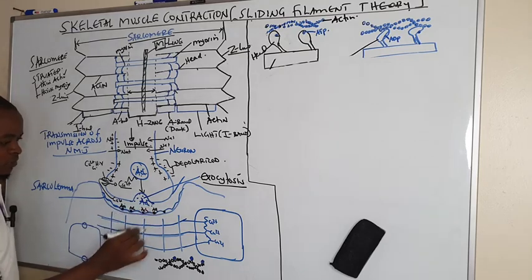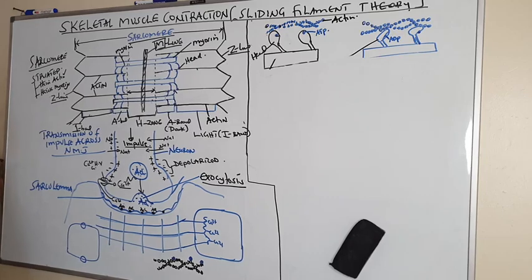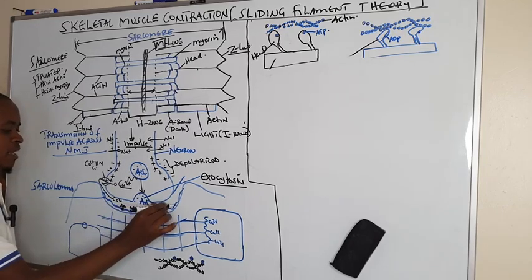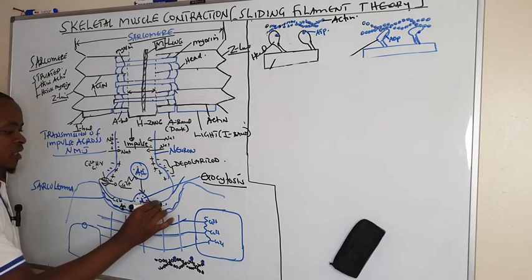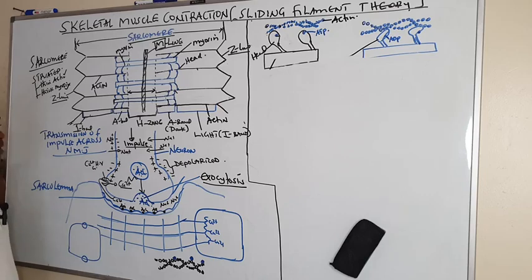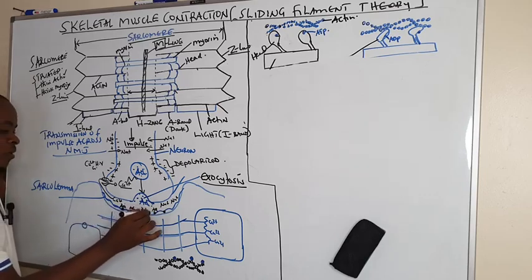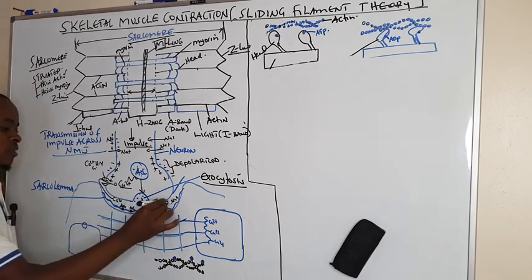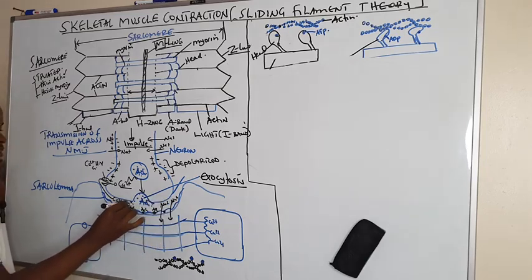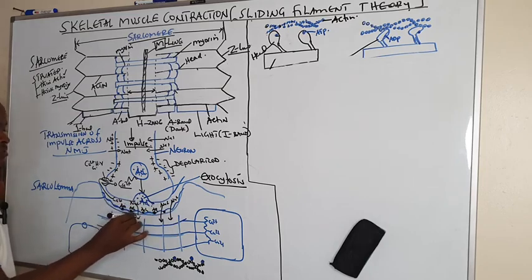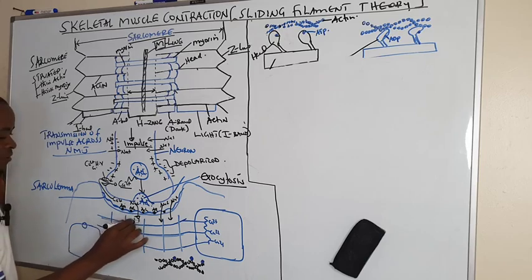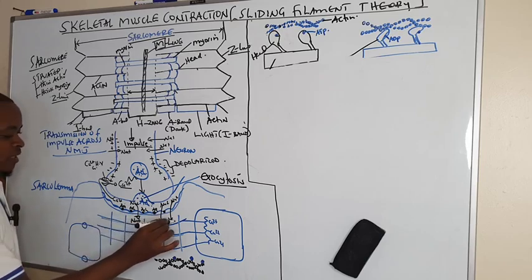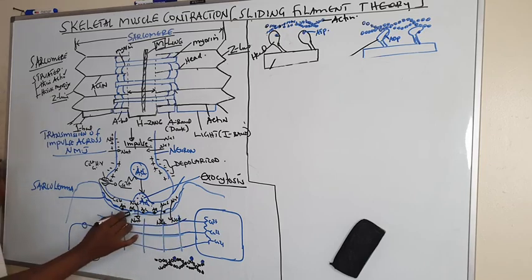And after attaching to its receptors on the sarcomere, it is going to increase the permeability. Remember, in the junction we have sodium ions. Upon the binding of acetylcholine to its receptors, these sodium ions move inside the cell, and the influx of sodium ions is going to cause the inside of the muscle to become positively charged.